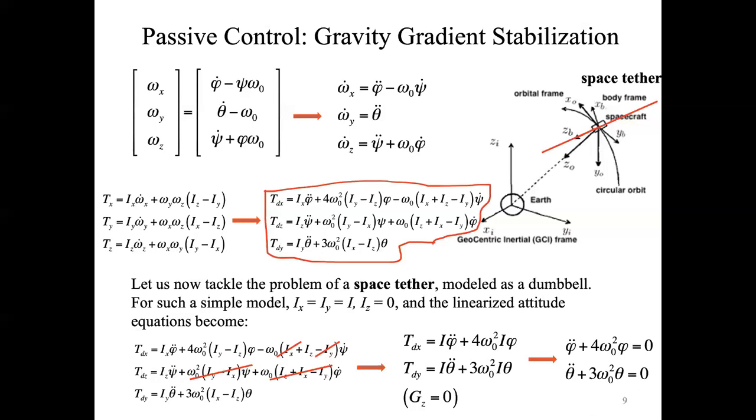It will start to rotate because of the disturbance, but the gravity gradient will not be able to counteract it. So what is written on the right side of the equations is the contribution of the gravity gradient for a space tether: only in the roll and pitch axis.